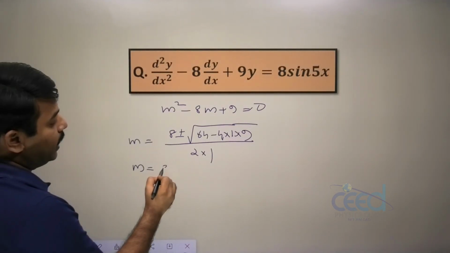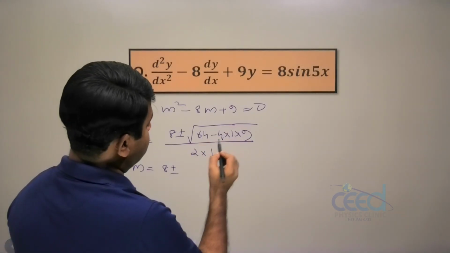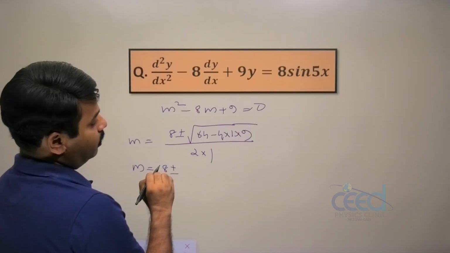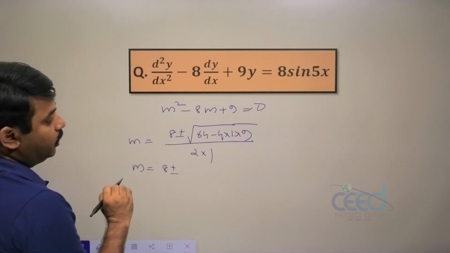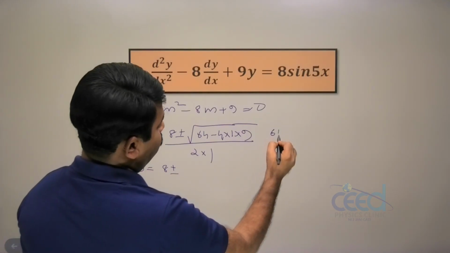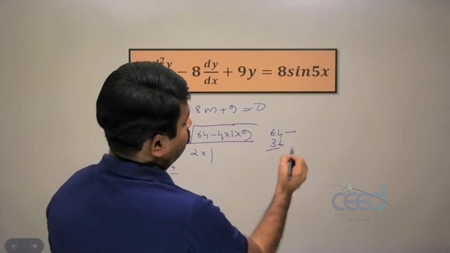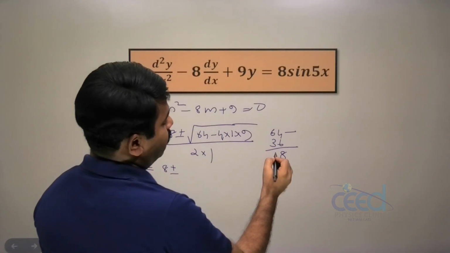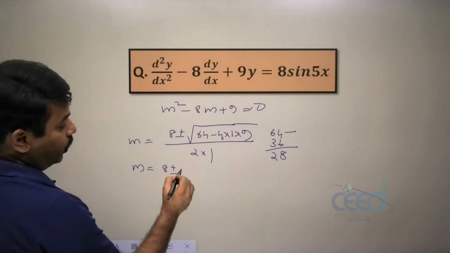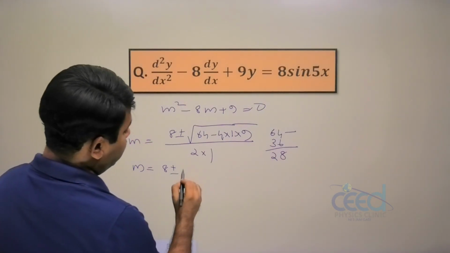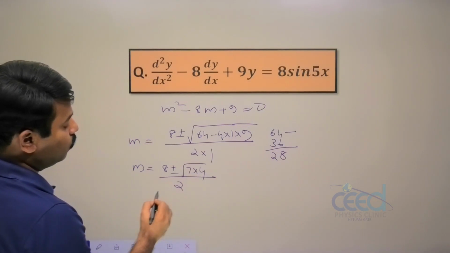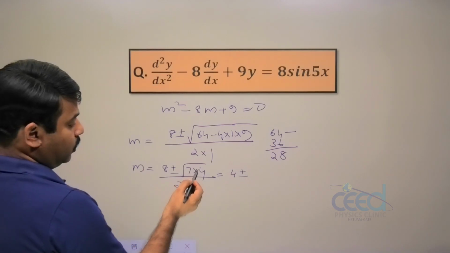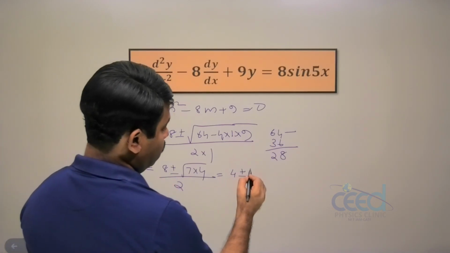Then m is equal to 8 plus or minus root of 64 minus 36, that is 28. Root 28 I can write as 7 into 4, divided by 2. Then this 2 cancels, giving 4 plus or minus root 7.